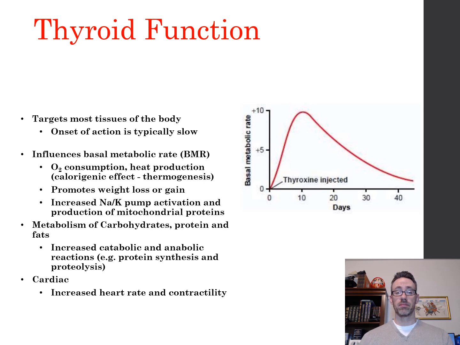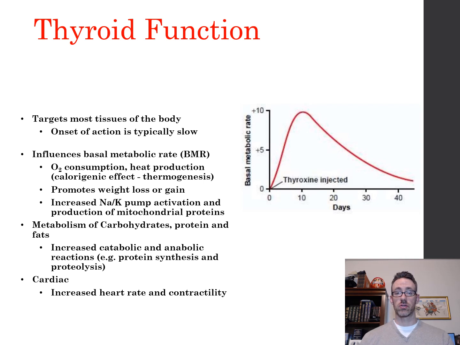So for example, the basal amount of thyroid hormone that we have in our blood dictates our BMR at rest, our basal metabolic rate. If the level of thyroid hormone were to increase, our BMR would go up along with it. It would increase thermogenesis, which means it would also increase the amount of oxygen consumed and the amount of heat produced.